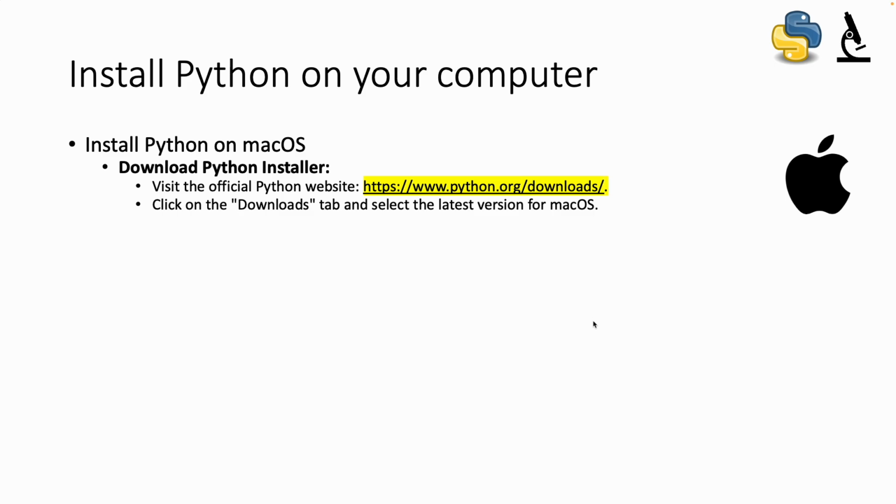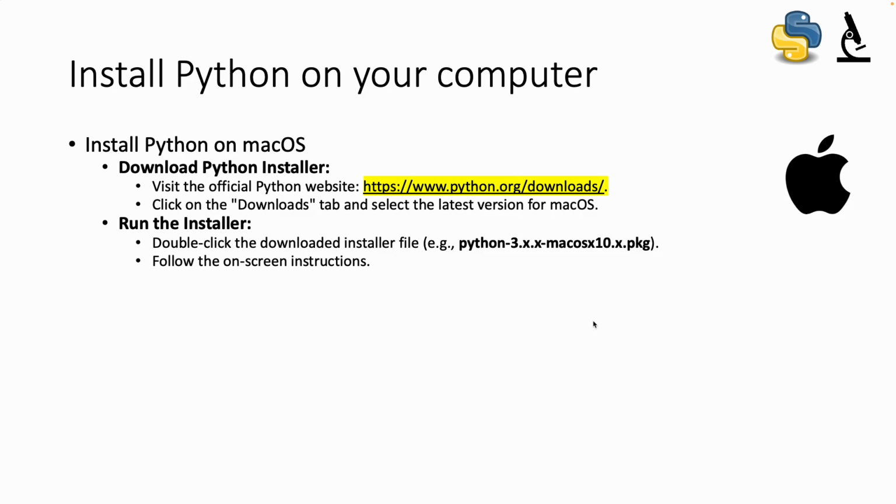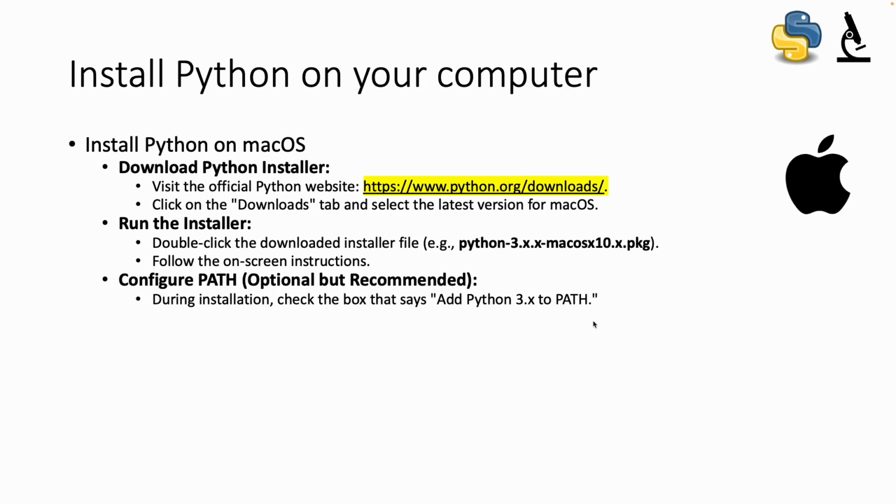So you have to go to the official website again, click on Downloads and select the latest version for macOS. Double click on the downloaded installer file and then follow the on-screen instructions. Again, during the installation, you have to add Python to the path.